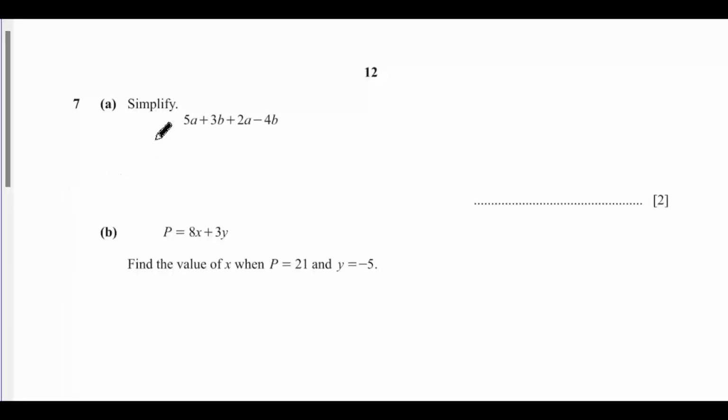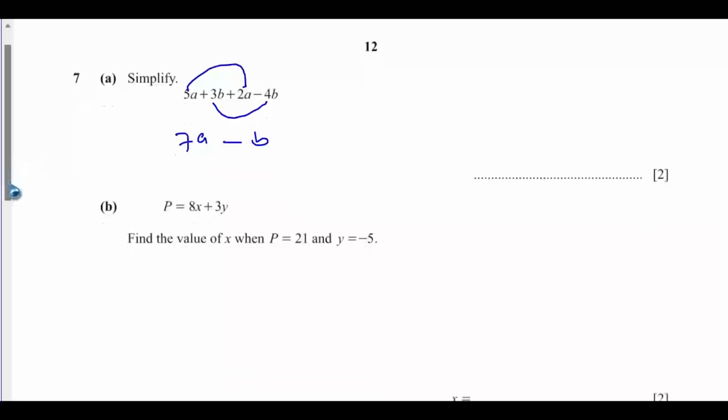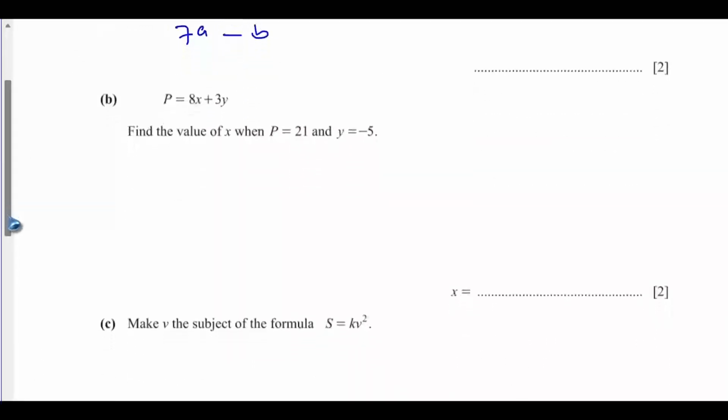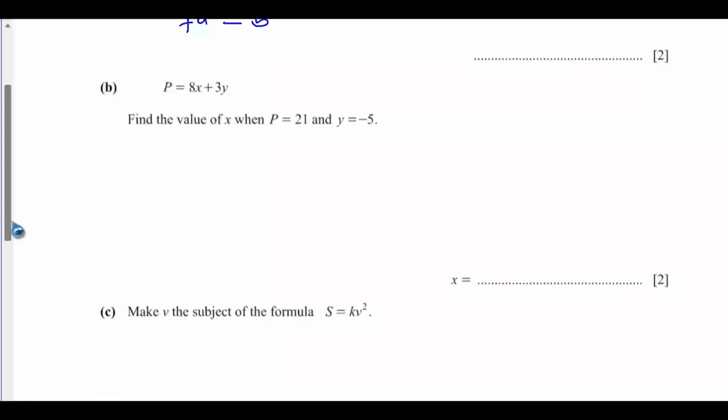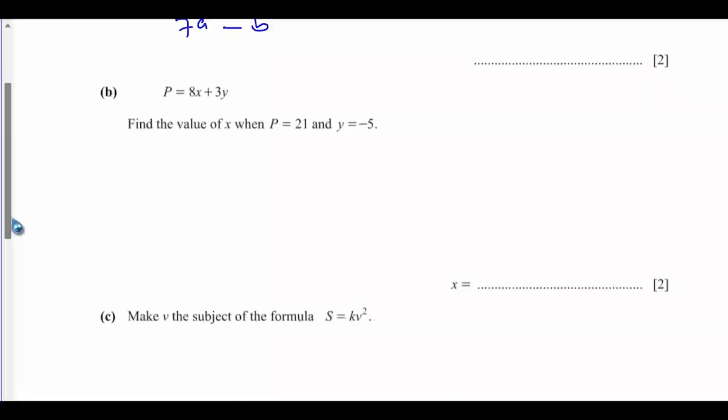So we are asked to simplify this. So this and this add up to 7a. Then this and this add up to negative 1b, which is b. So part B. P is equal to 8x plus 3y. Find the value of x when P equals 21. So P is equal to 21 equals 8x plus 3 into negative 5.